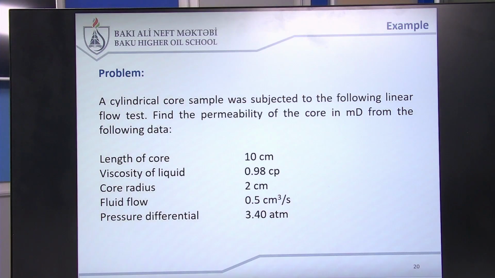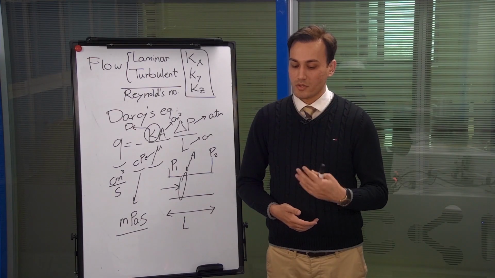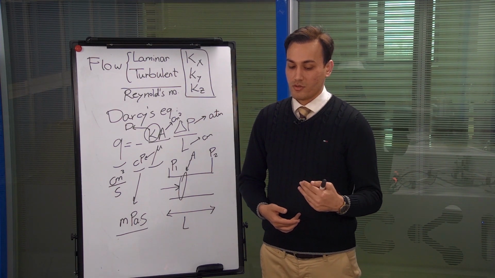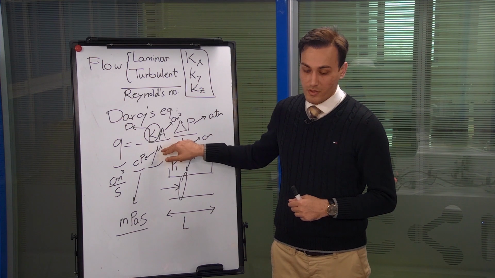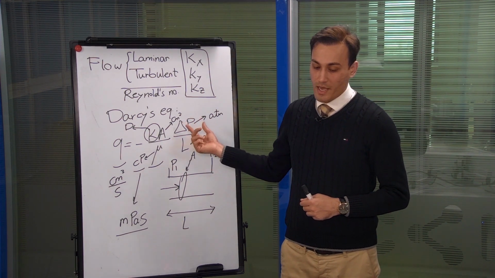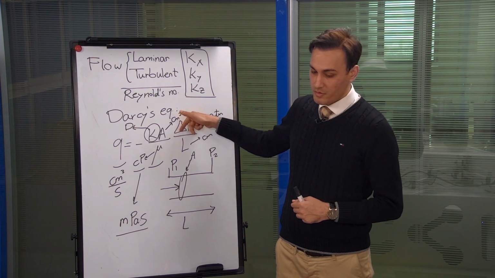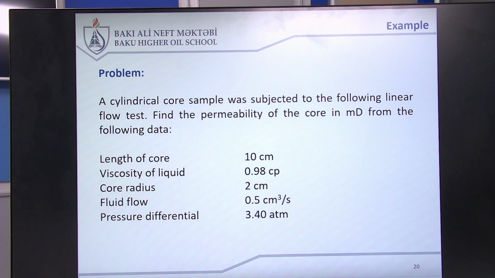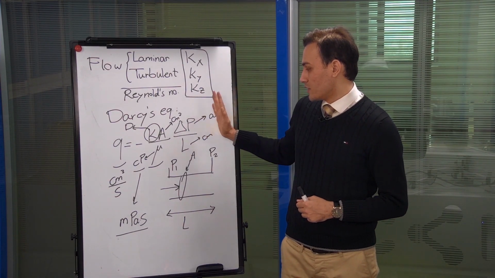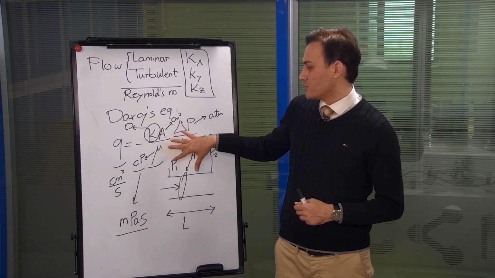So what we have here is that the properties of the fluid are given. The viscosity of the liquid is given. We have the length and the cross-sectional area that can be found from the core radius, and then we have this pressure differential. You can see here all the values are given.